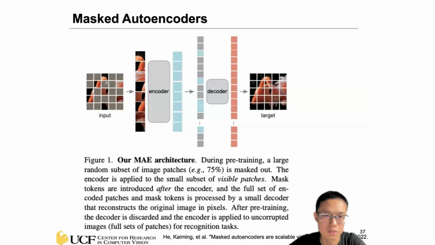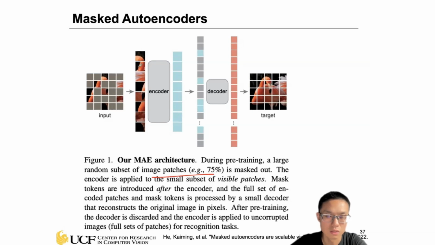In this case, you mask out these patches and only a couple of them are visible. In their approach, they mask out like 75% of the patches, so only 25% of the patches remain.